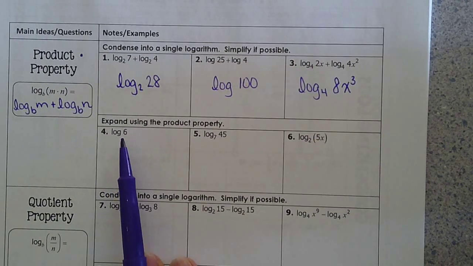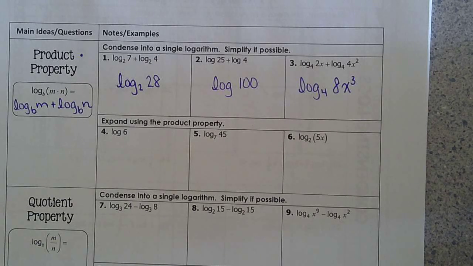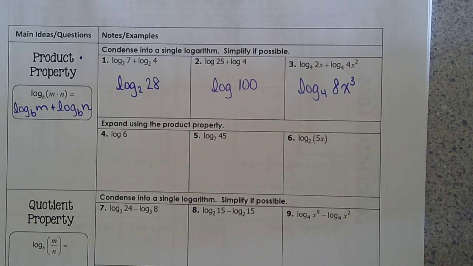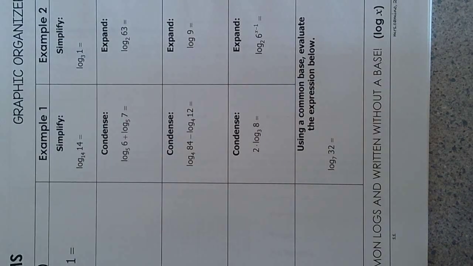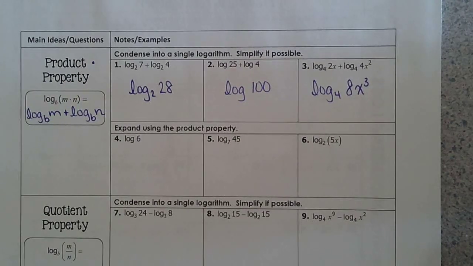So when I'm thinking of 6, 6 could be 1 times 6, it could be 2 times 3, and the bigger our numbers, the more varieties we have. One thing to keep in mind, when you're picking your numbers to use, if you've got other numbers in your problem, try to match some numbers so that you can simplify terms.